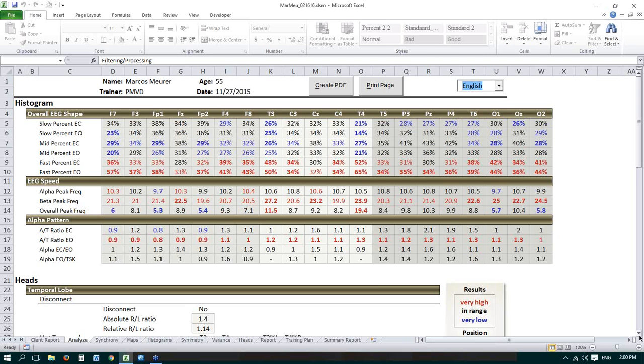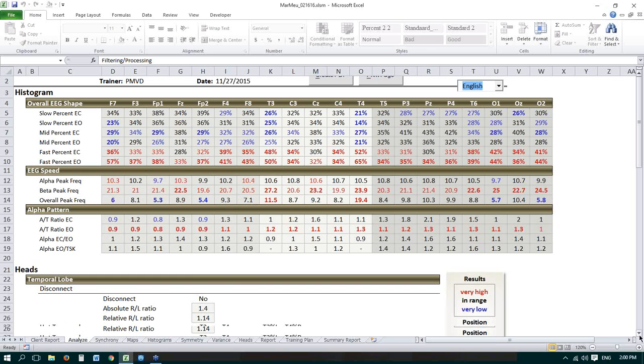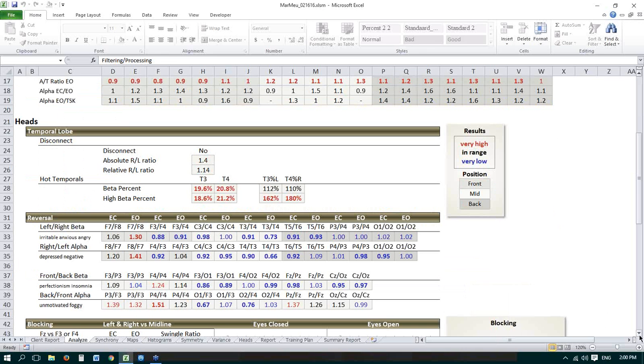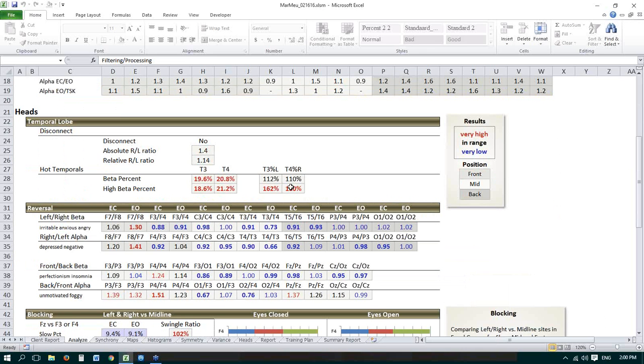That's one example. We can look to see if he has hot temporal lobes. These are all showing that they're high, and then this shows us that T3 in high beta is 62% higher than the average of the other sites on the left side, and on the right side it's 80% higher than the average. So the temporal lobes are an area that we definitely would want to train.